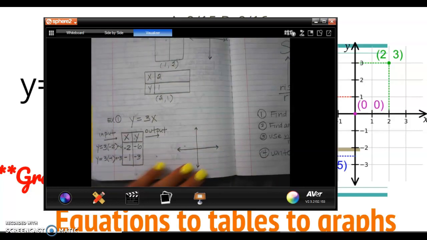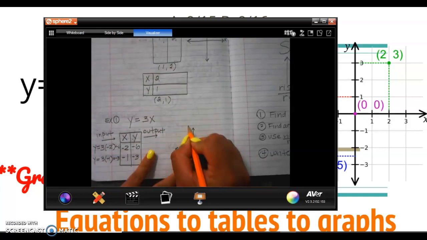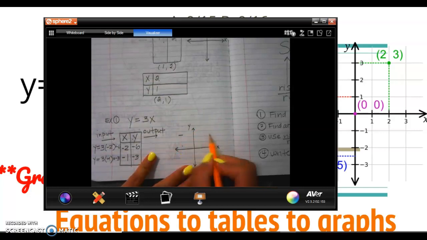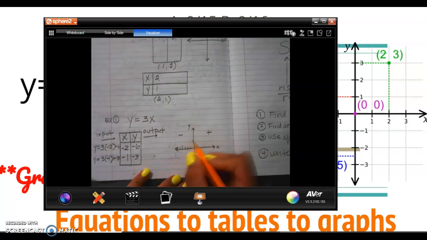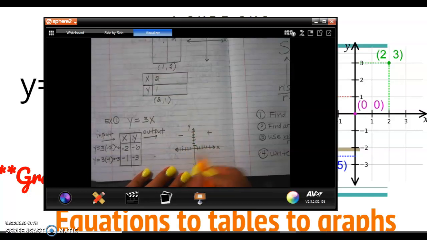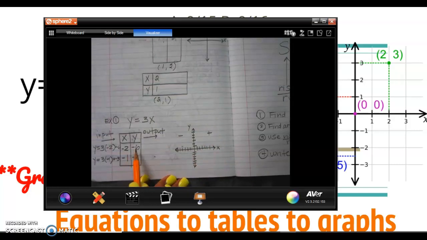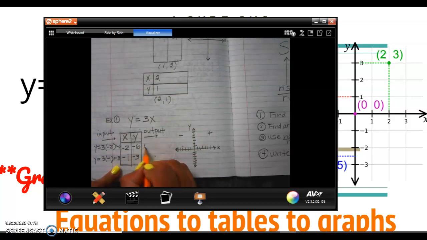Once you have your graph, make sure you have it labeled x, y, with a minus sign and a plus sign. Make 6 tallies in each direction. Now I'm going to plot -2, -6, because this can be written as a point.